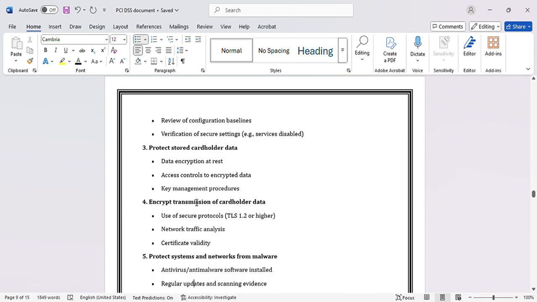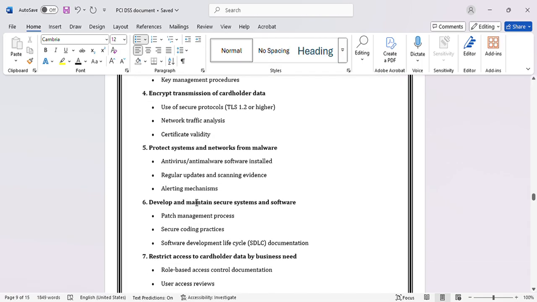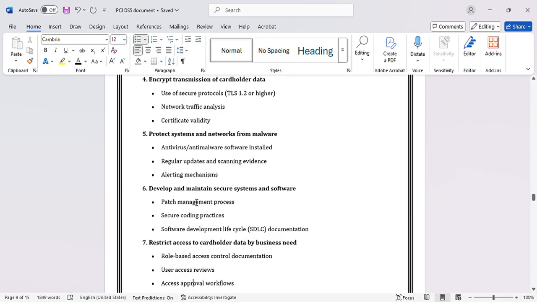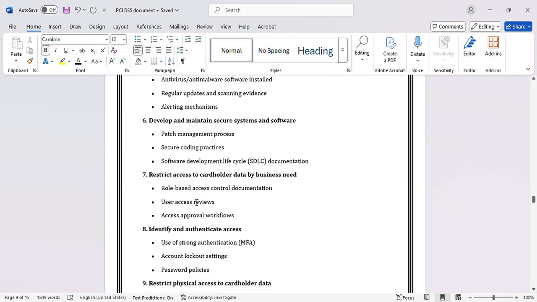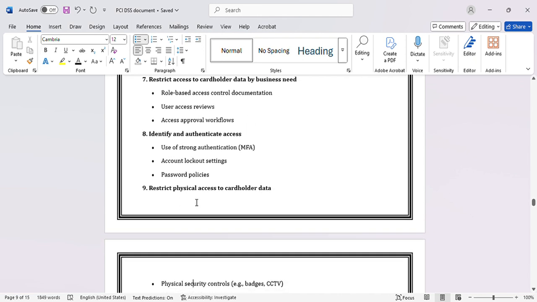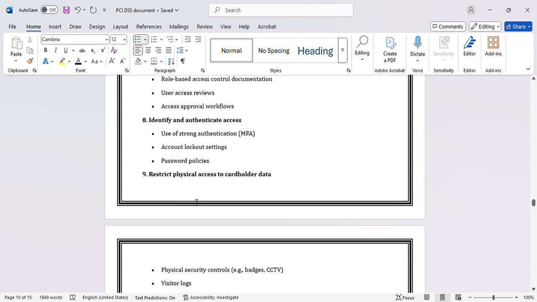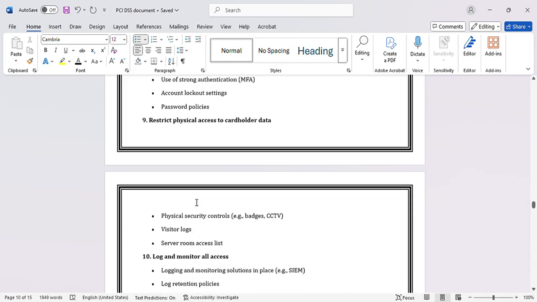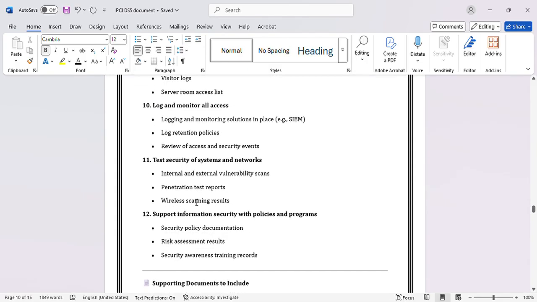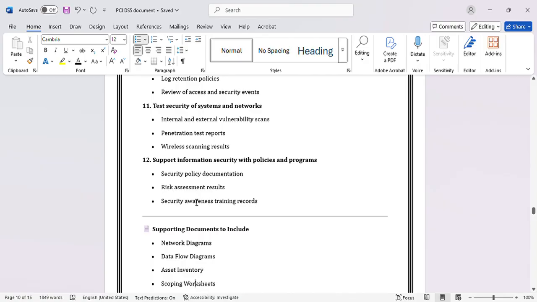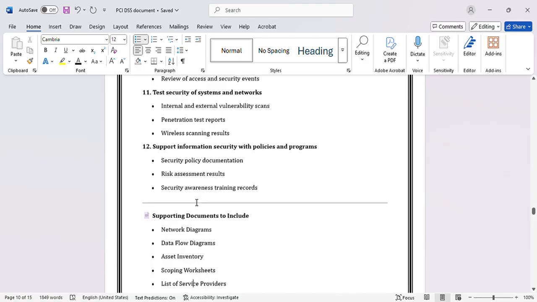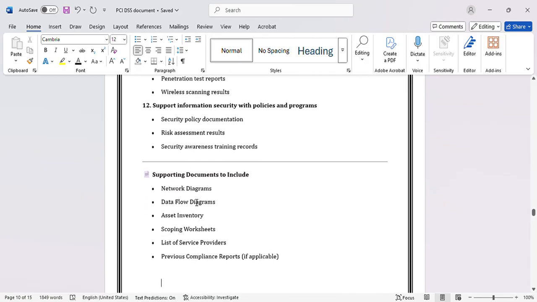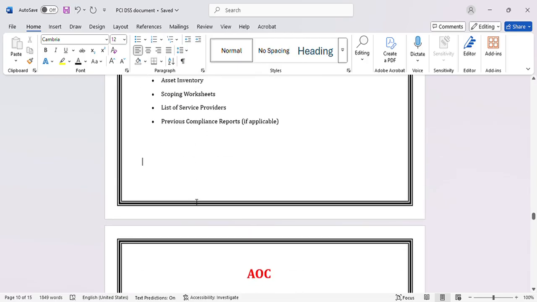Next is to protect stored cardholder data, encrypt transmission of cardholder data, protect systems and networks from malware, develop and maintain secure systems and software, restrict access to cardholder data by business need, identify and authenticate access, restrict physical access to cardholder data, log and monitor all access, test security of systems and networks, and support information security with policies and programs.